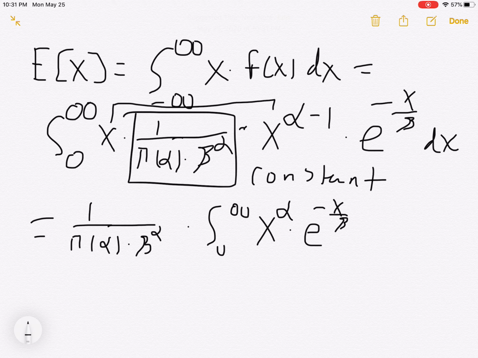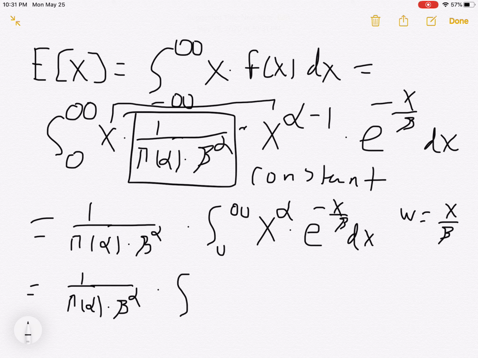Then I'm going to do a substitution here. And it's going to be w is going to be x over beta. Okay. So 1 over gamma of alpha times beta to the alpha times this integral. And remember that this integral had limits in terms of x, so I'm going to rewrite them in terms of w. So when x is 0, w is 0. When x tends towards infinity, w tends towards infinity.